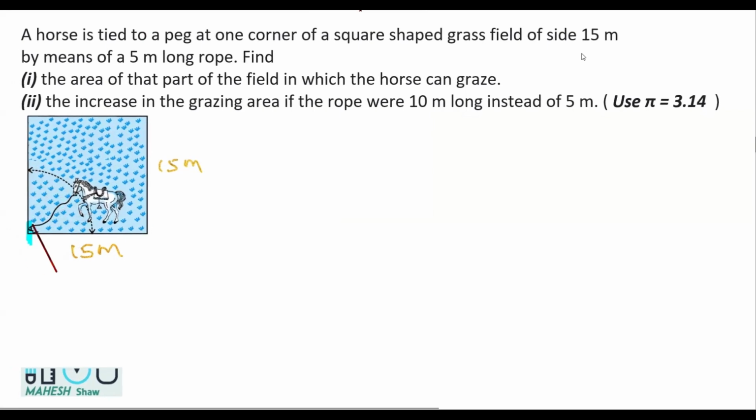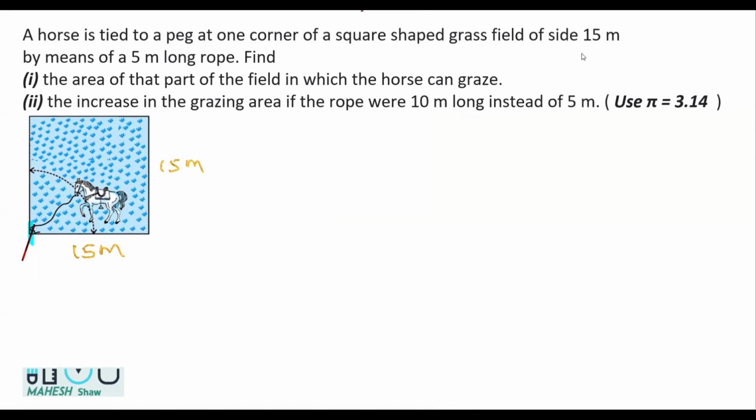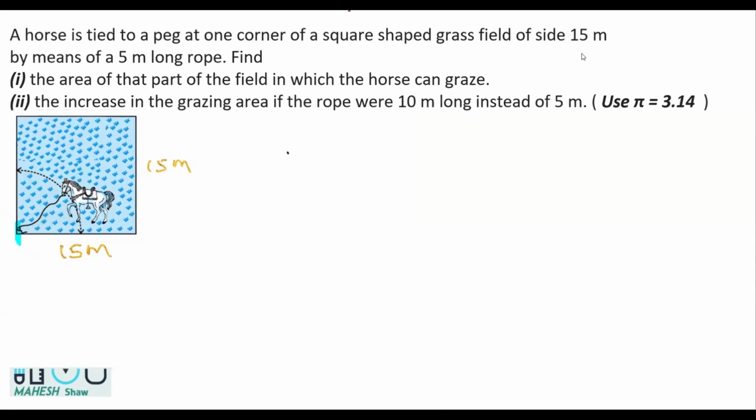Okay, these regions do not have grass, so we can say the area that it can graze is only this part. All right. So I'll show you the area it can graze will be this one. Only this part has grass.